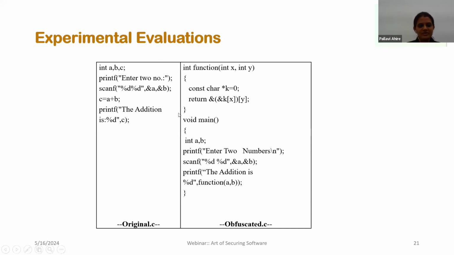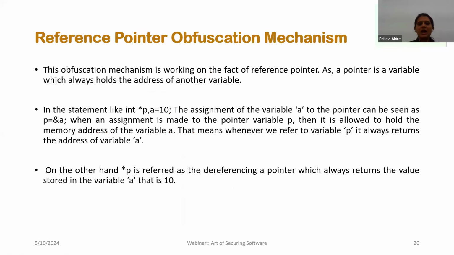Now, how can I obfuscate this particular code? This is my original one. Now, I need to obfuscate this code in such a way that my obfuscated code should still be able to execute. So which mechanism am I applying? I'm applying the reference pointer mechanism here. Now, what is a reference pointer? As we all know, a pointer is a variable which always holds the address of another variable.